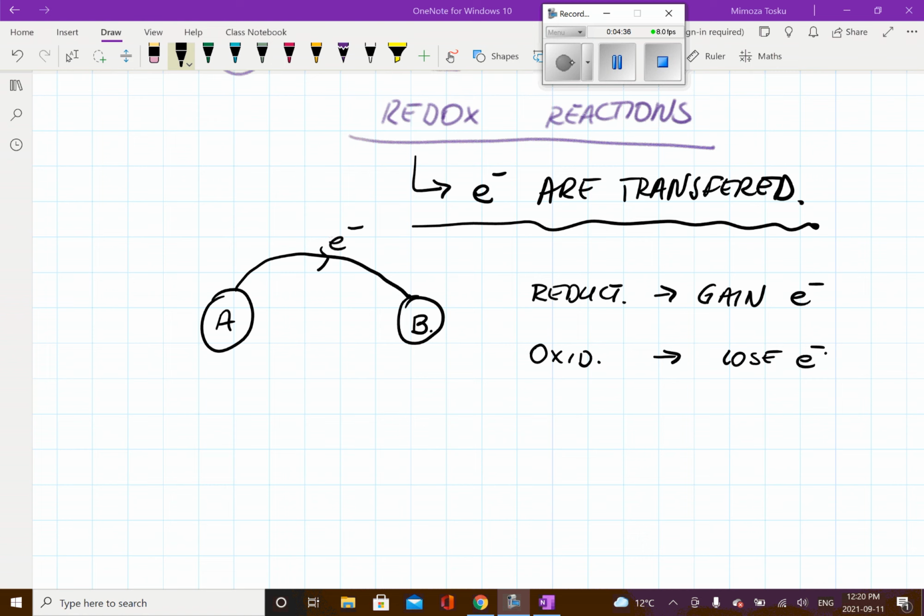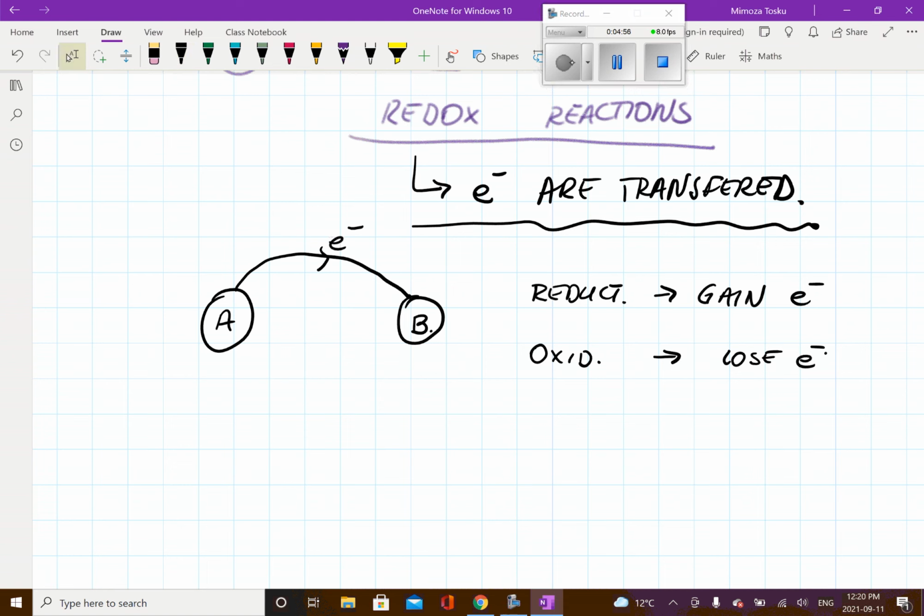So when we take a look at atoms A and B here on the picture, we notice that atom A is giving the electron and atom B is receiving the electron, gaining the electron.